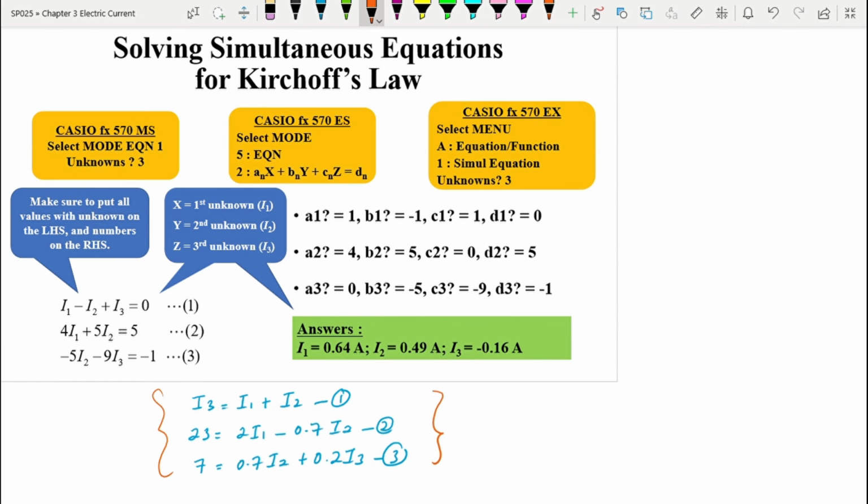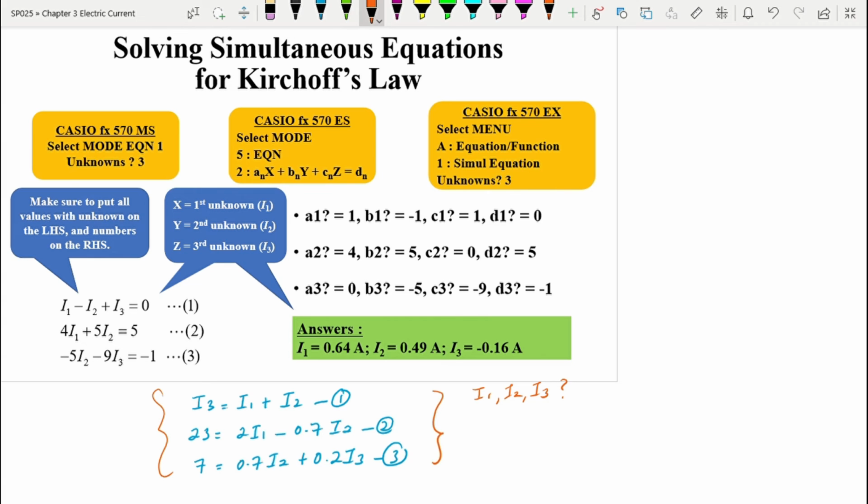So now macam mana kita nak apply untuk dapatkan nilai I1, I2 and I3. Sebab soalan dalam last example tu dia memang minta current untuk setiap register. So current 1 dalam kes ni untuk register 1, current 2 untuk register 2, current 3 untuk register 3. So that means we have to find out the value of I1, I2 and I3.